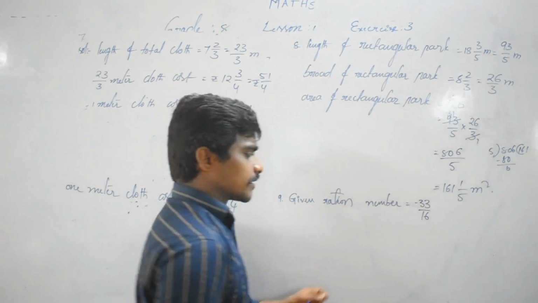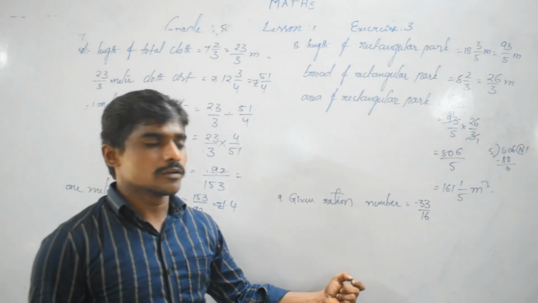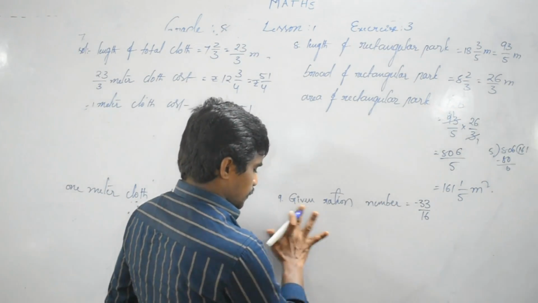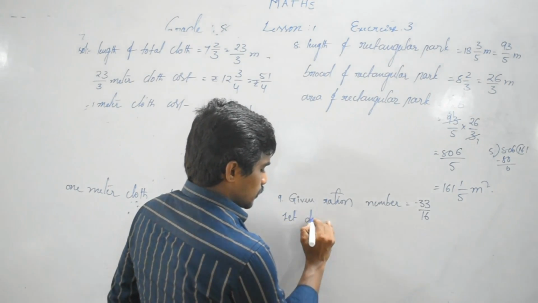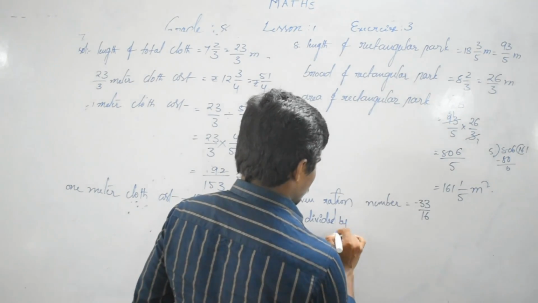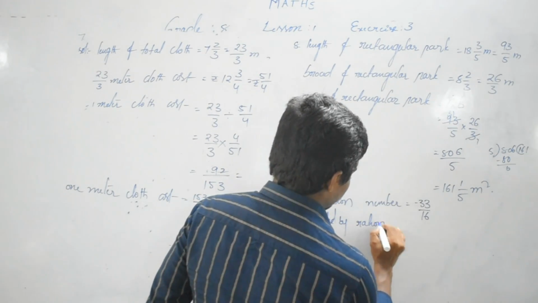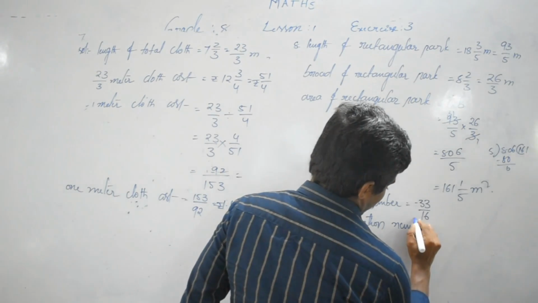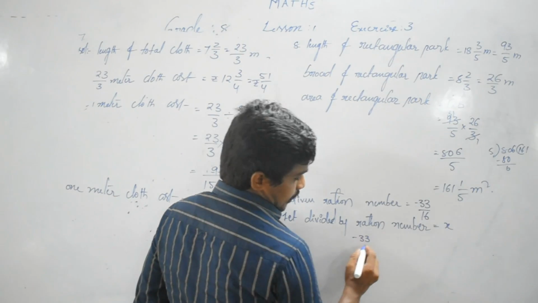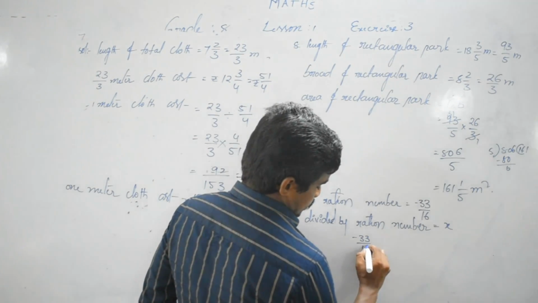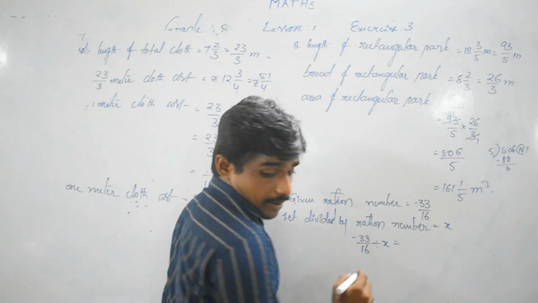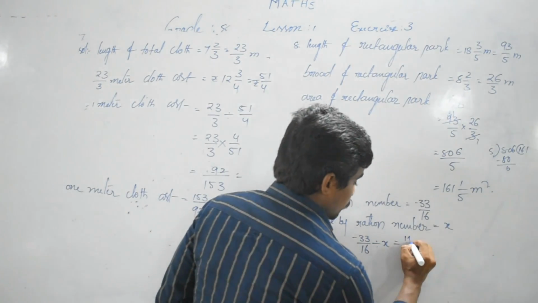This number is divided by one number we don't know, so we get minus 11 by 4.